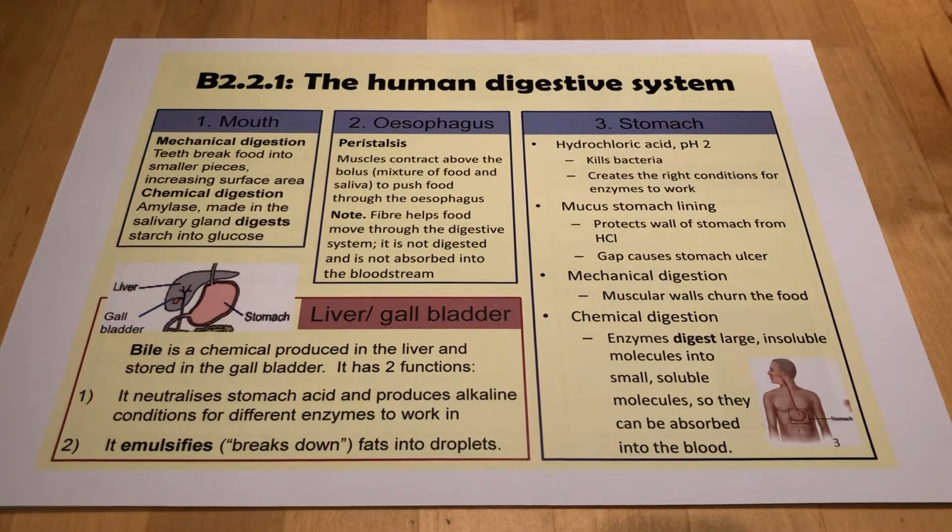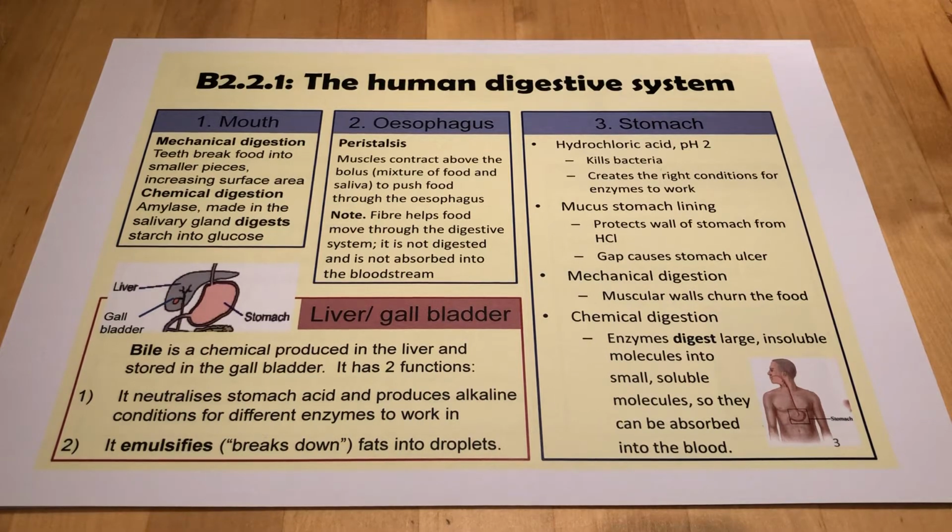One, the small intestine is not designed with the mucous lining to be able to tolerate the acidic conditions. Two, it helps to neutralise that acid so that different enzymes can work in the small intestine. For example, the amylase comes back again, and also lipase.